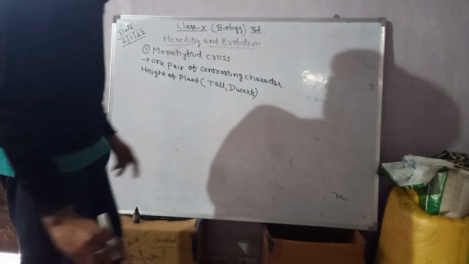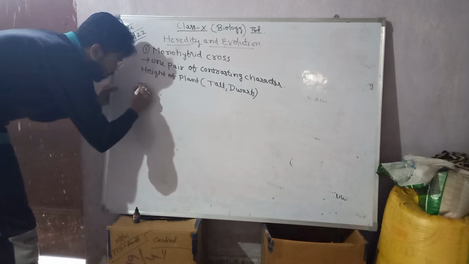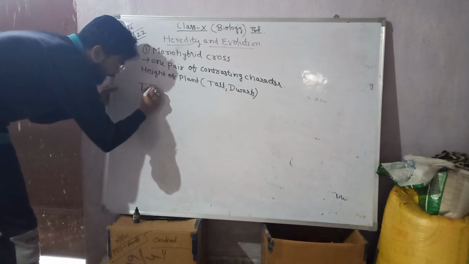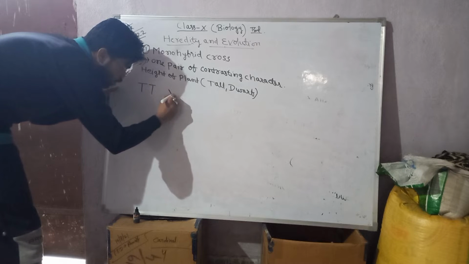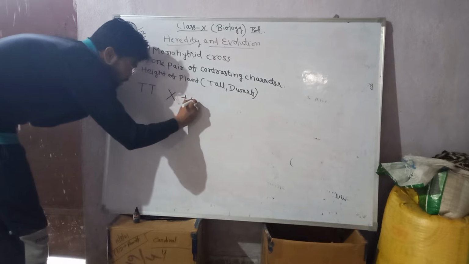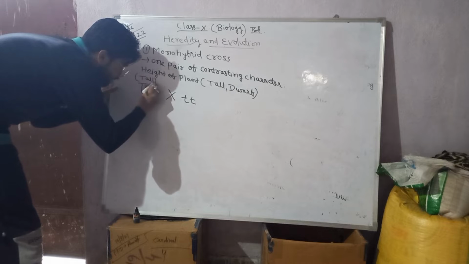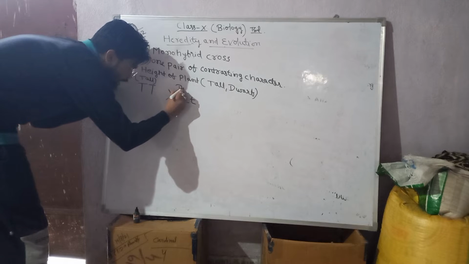Clear? Now my dear student, suppose you are taking capital T, capital T and then crossing this with small t, small t. One is the tall plant and the second one is the dwarf plant.